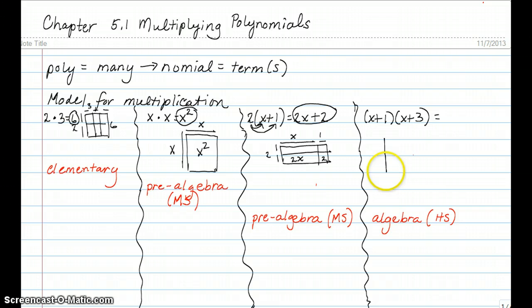So we have x. That's your dimension, and 1. And then your other dimension is x and 3. And then let's change colors so you can actually see it a little better. You draw your rectangle, nothing different from anything we've done before. You put your breaks in.